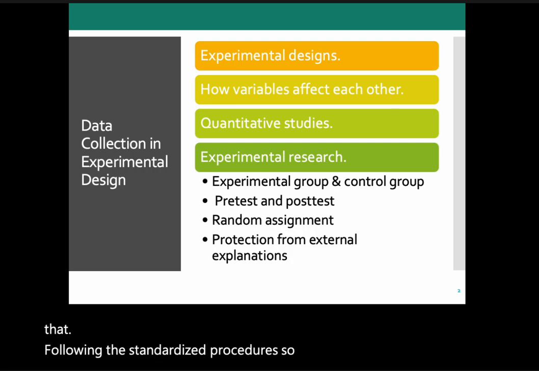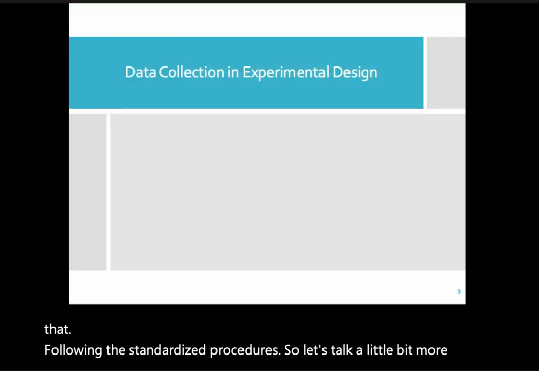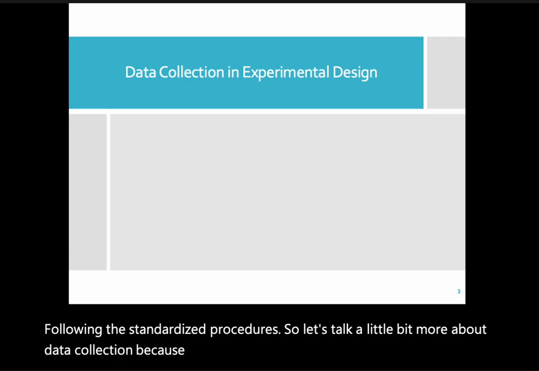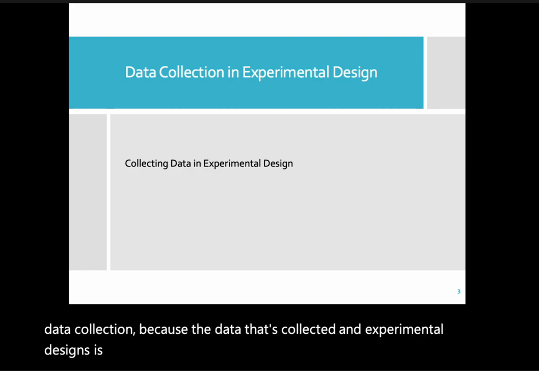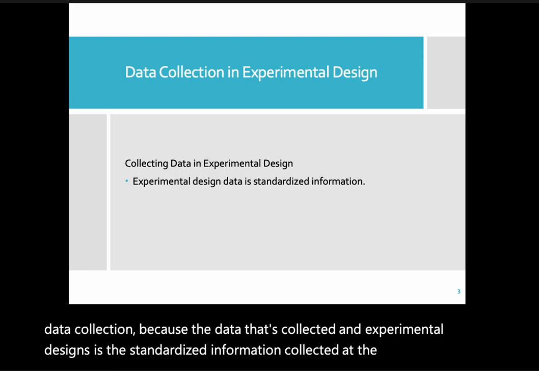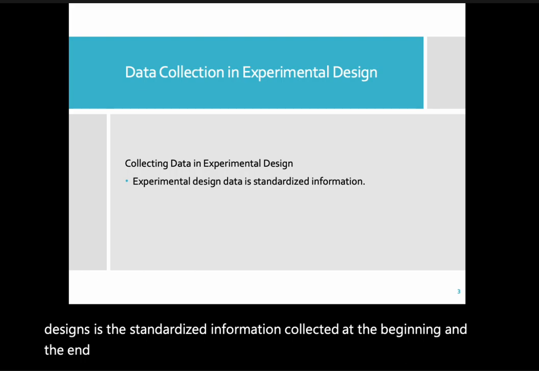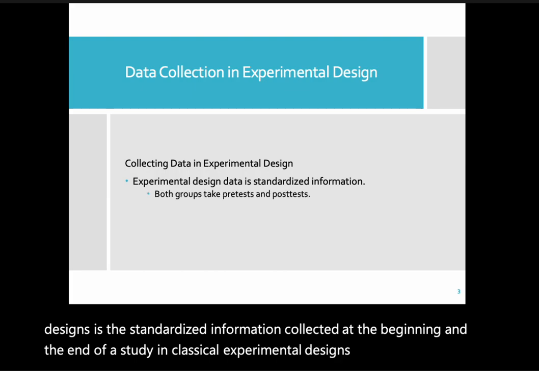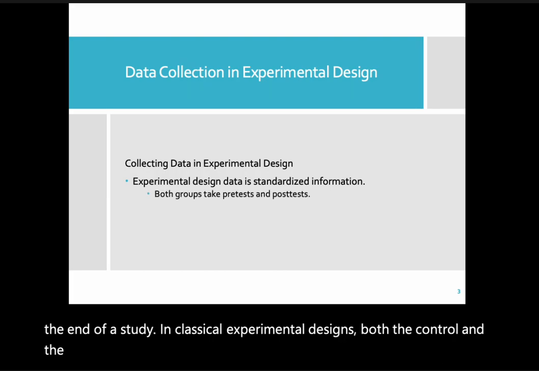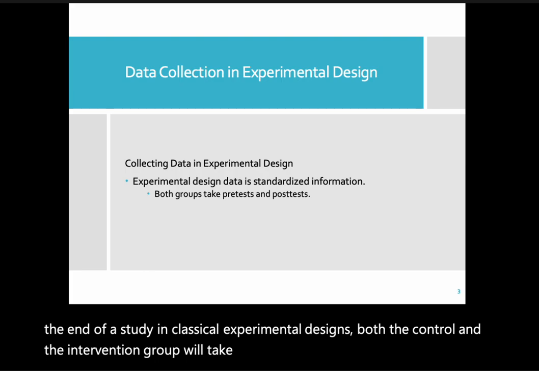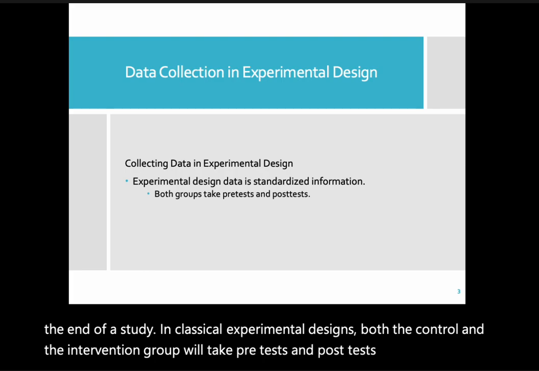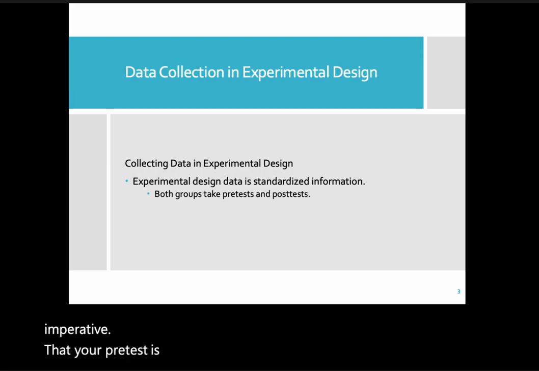So let's talk a little bit more about data collection, because the data that's collected in experimental designs is the standardized information collected at the beginning and the end of a study. In classical experimental designs, both the control and the intervention group will take pre-tests and post-tests. And again, it is imperative that your pre-test is identical to your post-test.